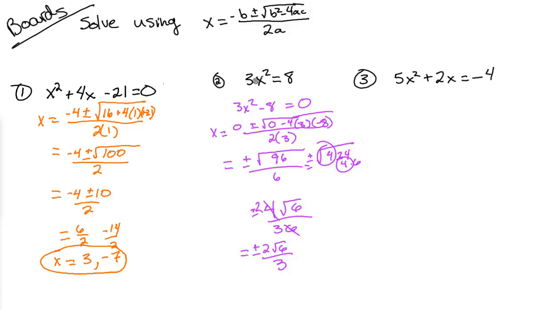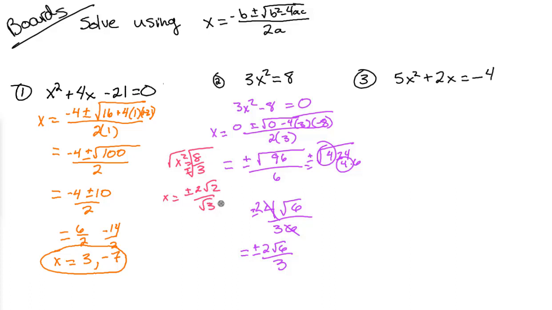Fascinating. This one deserves just a little bit of time to see what happened here. You could have divided by 3 and then took the square root of both sides. Look at that with a plus and minus. And we would get x equals plus or minus the square root of 8 is 2 square roots of 2 when simplified over the square root of 3. Do we leave square root of 3 by itself on the bottom?